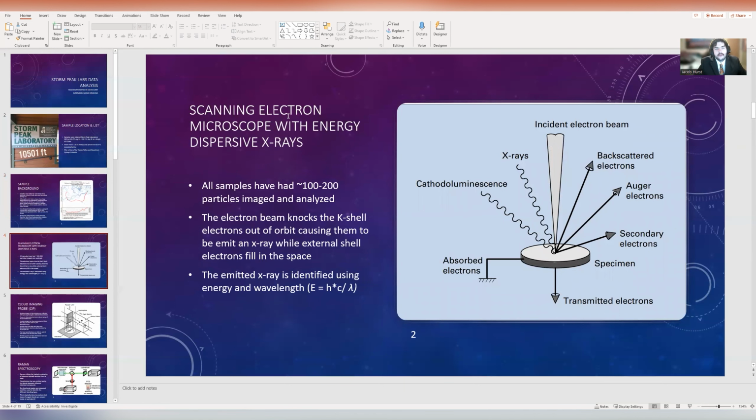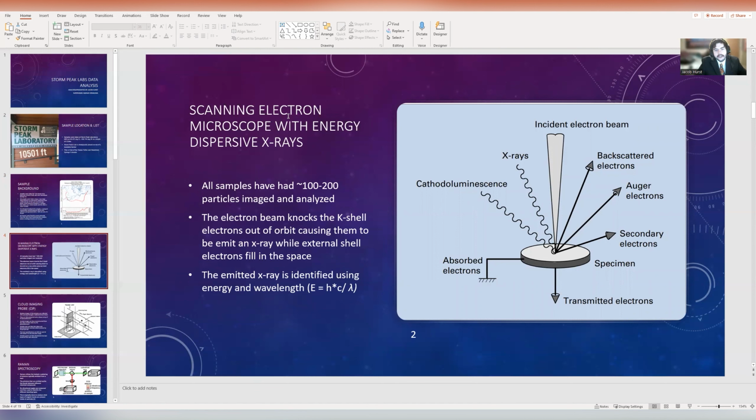One of our other background topics is scanning electron microscopes with energy dispersive X-rays, which is one of the primary tools we use for our data gathering here. All of our samples have about 100 to 200 particles analyzed, with the exclusion, I forgot to add, of some of the TEM grids.